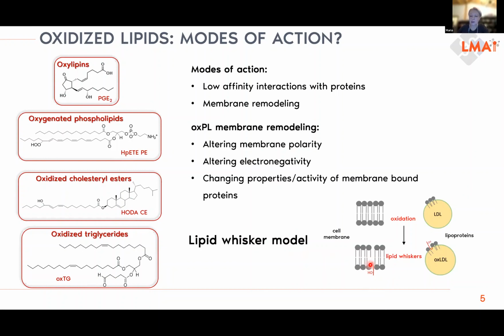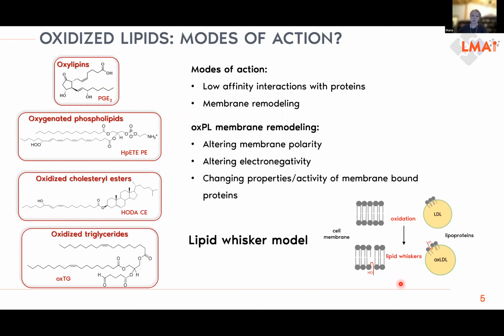So they can show up on the surface of the cells in certain conditions, or for instance on lipoproteins. And we know now that those lipids can be recognized, for instance, by pattern recognition receptors, acting as a damage signal, damage-associated molecular patterns, and leading to the activation of the innate immune response.